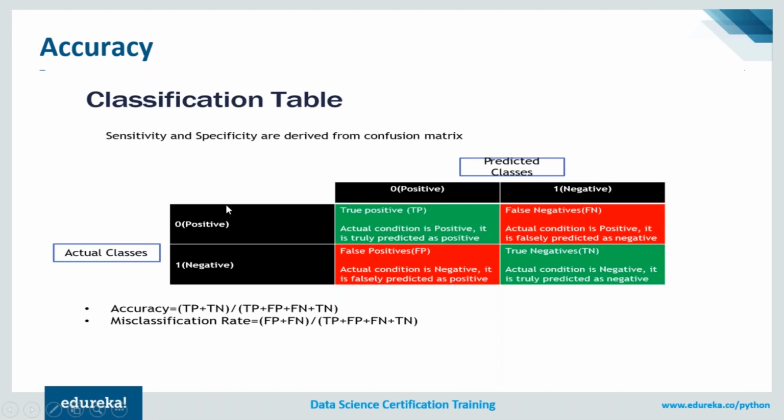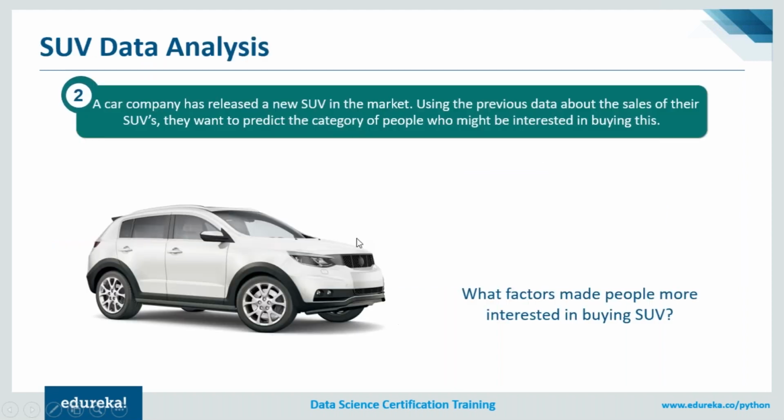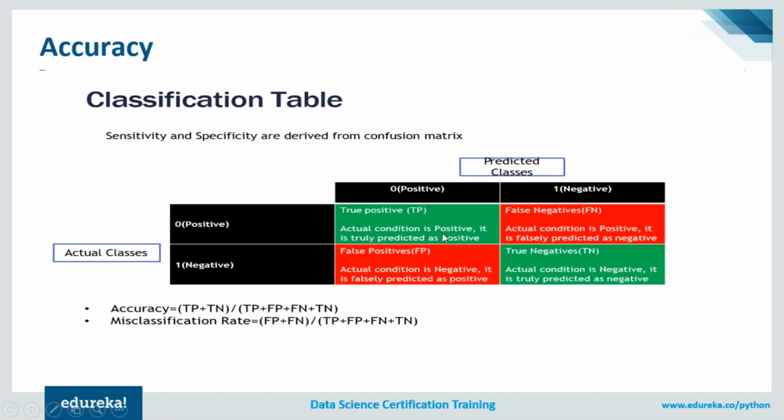Now in actual we can have two things, right? Positive or negative, 0 or 1. In the predicted also we can have 0 or 1. When the actual condition is positive and the model also predicted positive, this is the true positive case, called TP.